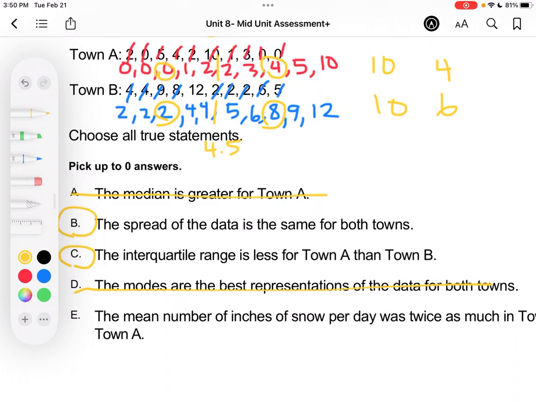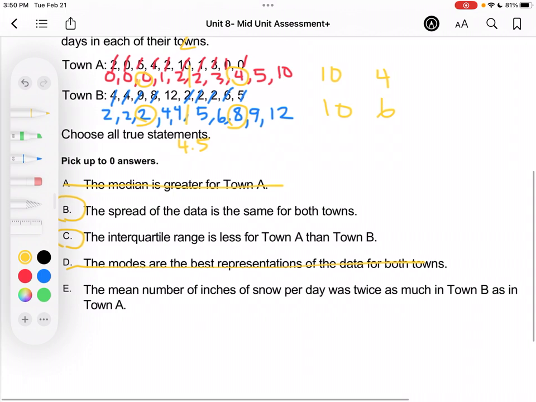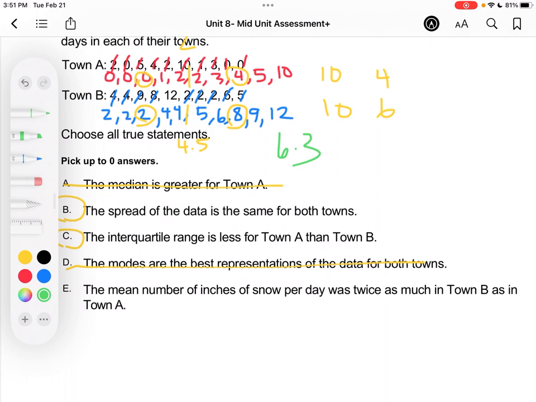The mean number of inches of snow was twice as much in town B as it was in town A. Well, let's check the mean. So I've got to add them up. I get 6.3, and then 2.7.